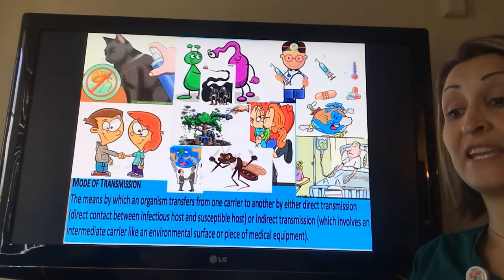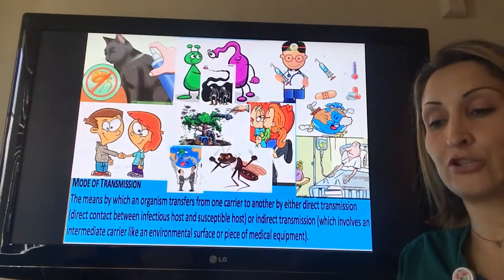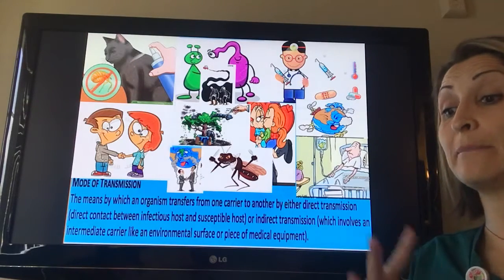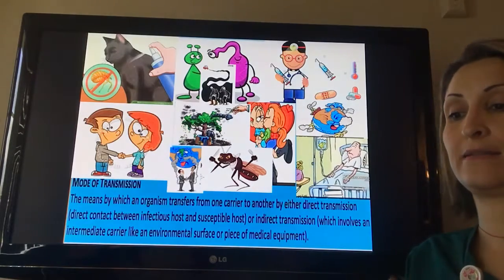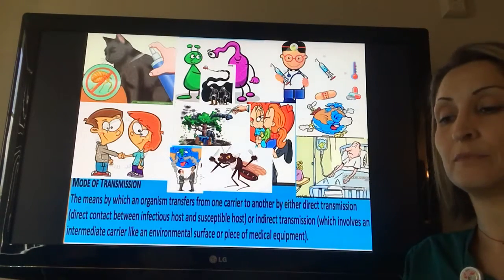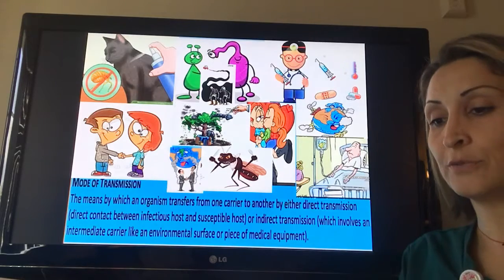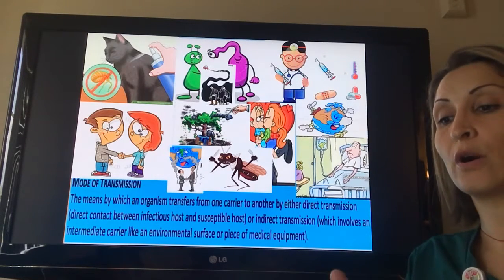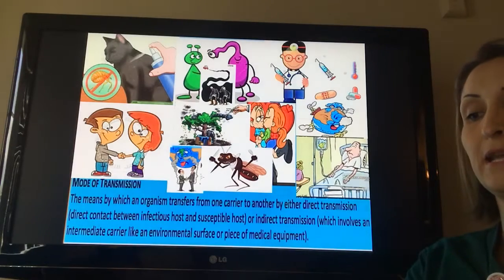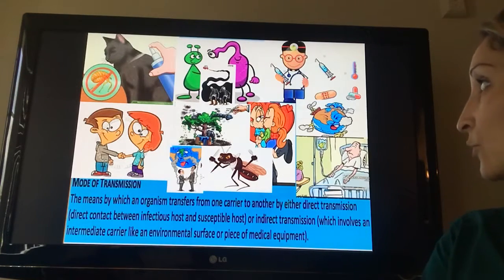fleas, and ticks may carry an infectious agent through purely mechanical means or may support growth or changes in the agent. Stool, fecal-oral route, contact with blood and body fluids, or a needle stick injury.